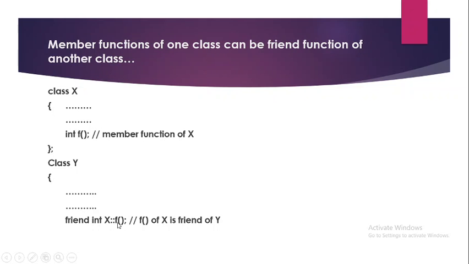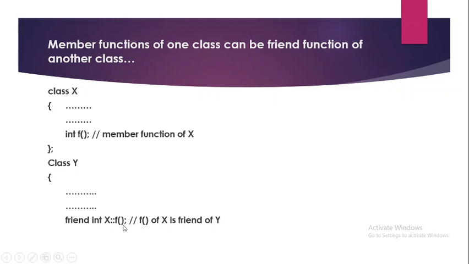But as this function f is a member of X, that is, it is under the scope of class X, we have to write it like this: friend, that is the keyword, then the return type, that is integer, and this f is under the scope of X, so the name of the class, scope resolution, f.